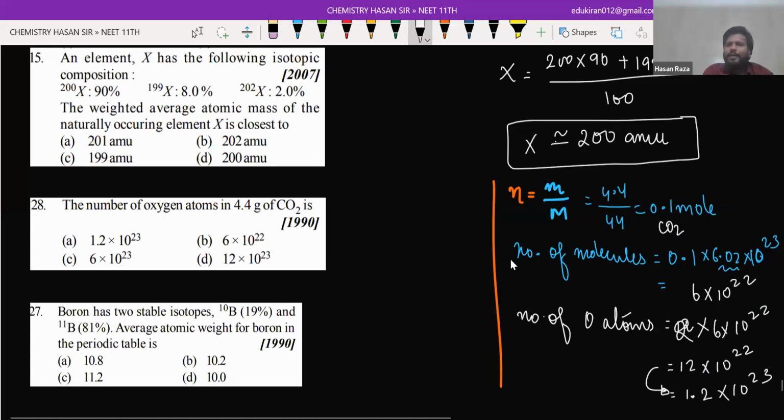And this 27 is again solved in the same method that we did for question number 15. Is that clear for this? Yes, sir. This and this are same. Can we move to the next question?